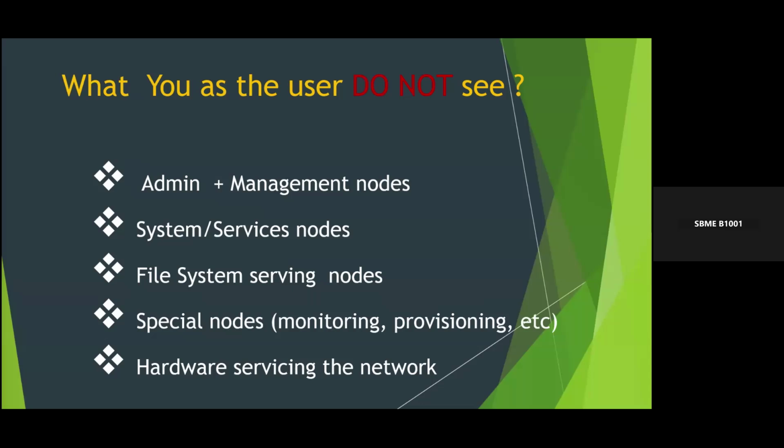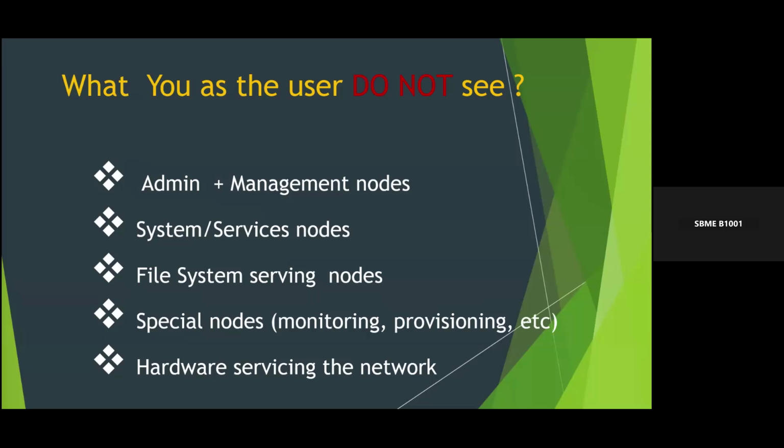You don't see the servers which are working hard trying to fetch your data, transfer this data. You don't see that, but we have to make sure that these file system serving nodes are operating at full capacity and they don't have any issues.